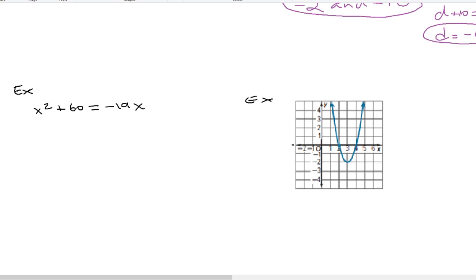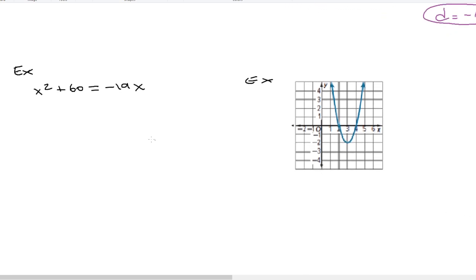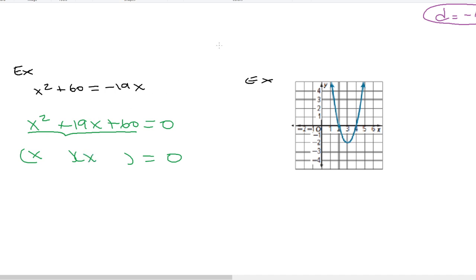When I look at the next two problems below here, we are going to do the same thing. Let's get everything on one side. So x squared plus 19x plus 60 equals 0. So from here, I need to factor this trinomial, and this is going to be x times x is x squared.